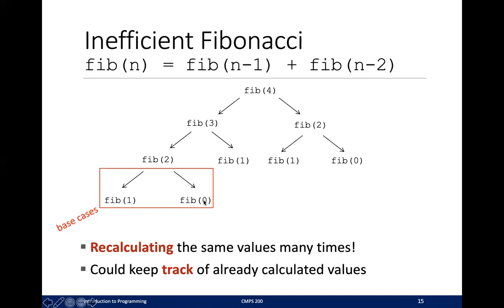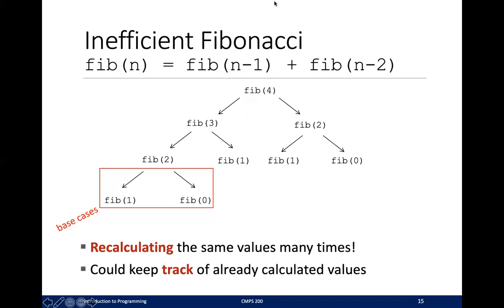Fibonacci of 1 and Fibonacci of 0 are called here, here, here, and here. Fibonacci of 2 I calculated here, but I also calculated it again here as I'm executing this for 4. And imagine if it's Fibonacci of 5. If I was calling the function for 5, I would repeat all of this, and then for Fibonacci of 3 I also repeat it here again.